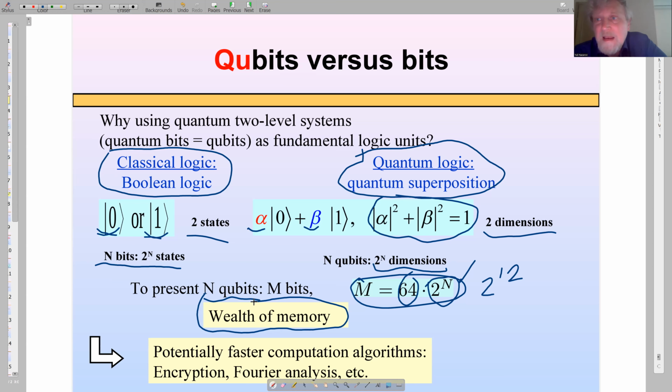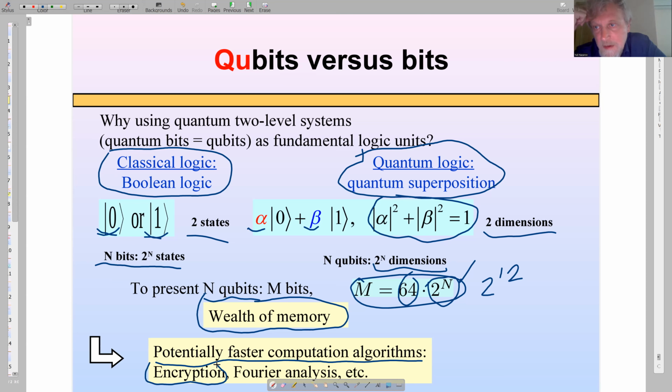When people recognized this, they could find several algorithms where you can prove mathematically that a quantum computer can perform much better than the classical one. The first example concerned encryption.